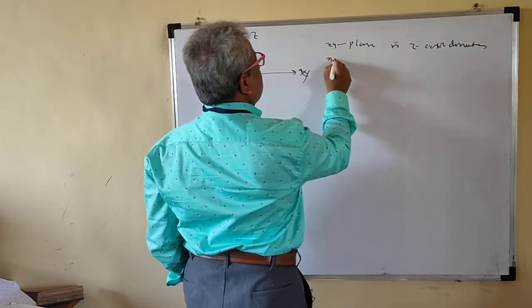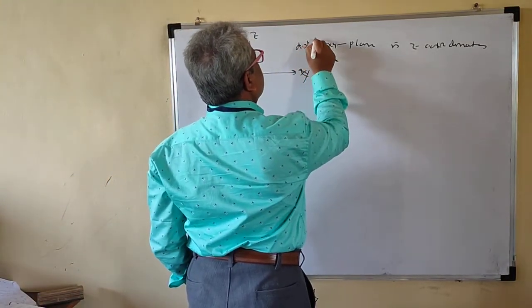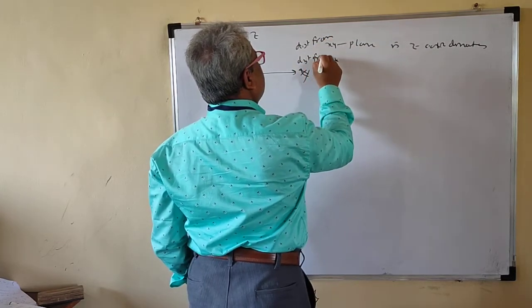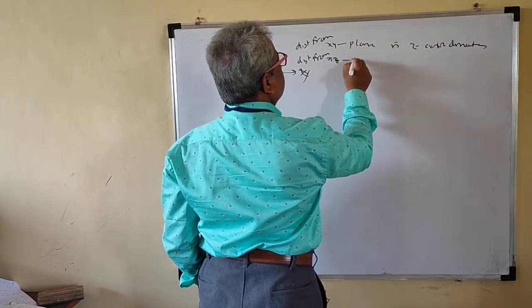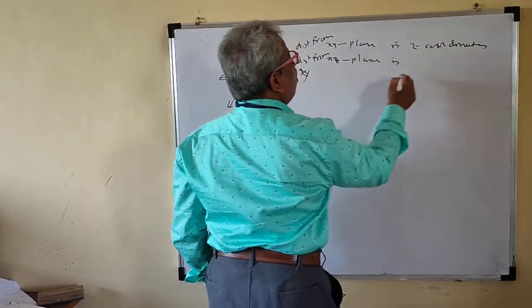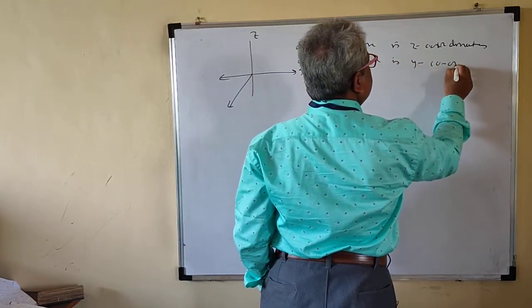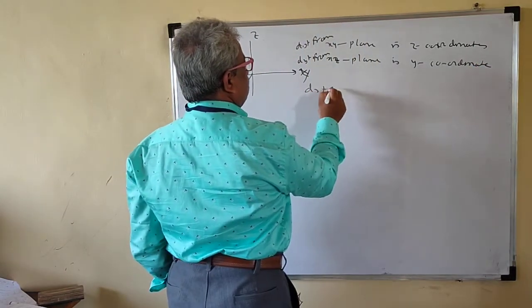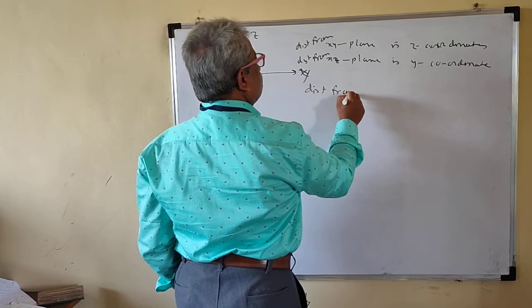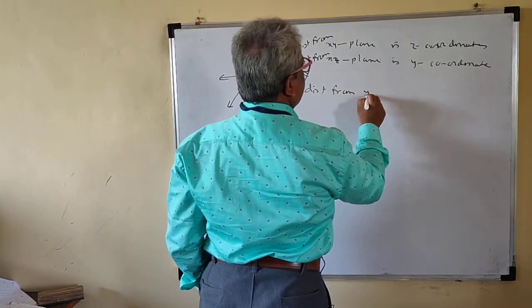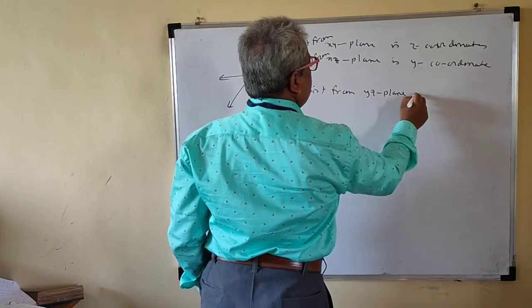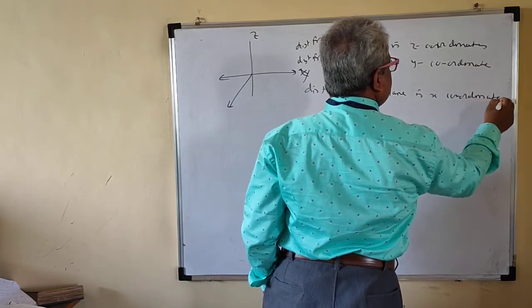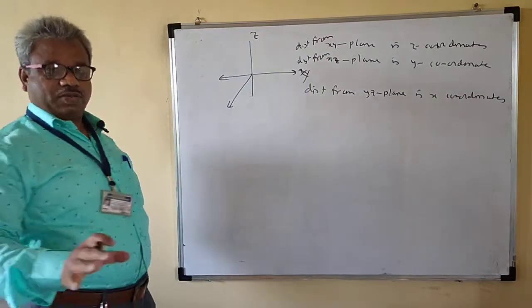The distance from the xz plane is the y coordinate. And the distance from the yz plane is the x coordinate.